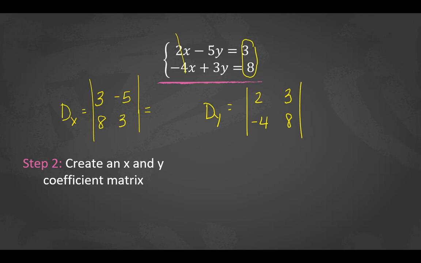So what's the determinant of x? 49, right? 9 minus negative 40 is 49. What's y? Okay. 16 plus 12 is 28. Yep.